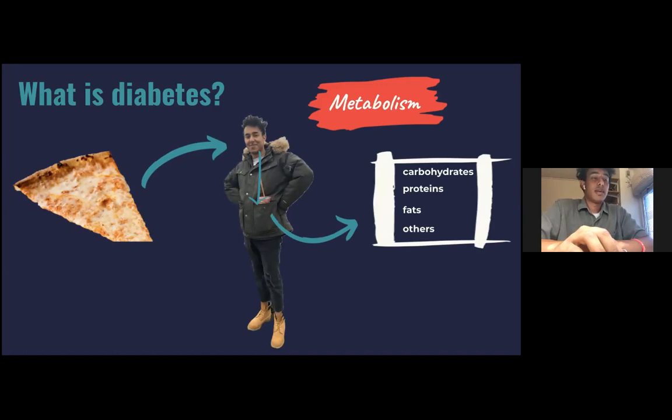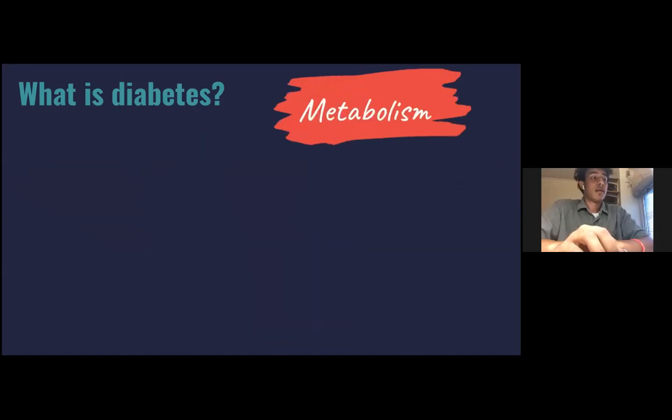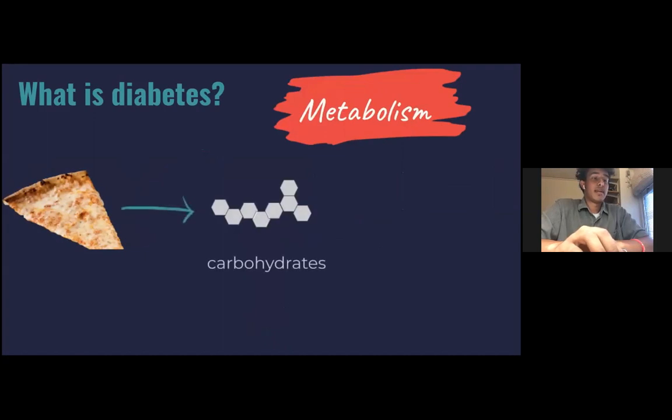The one of these that's really the most relevant to our discussion today are carbohydrates, which you can think of as molecules which give your body instant energy after you eat food. Once this pizza is broken down into these carbohydrates, the way that your body can utilize the energy from these carbs is by breaking them further down into the glucose molecules that I talked about before.